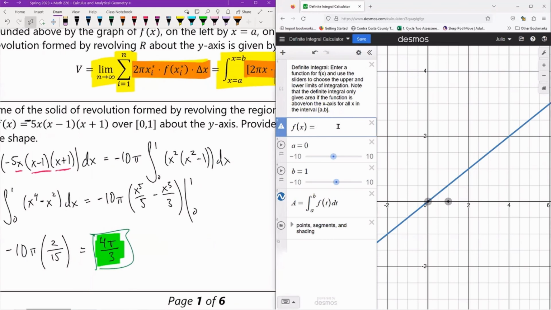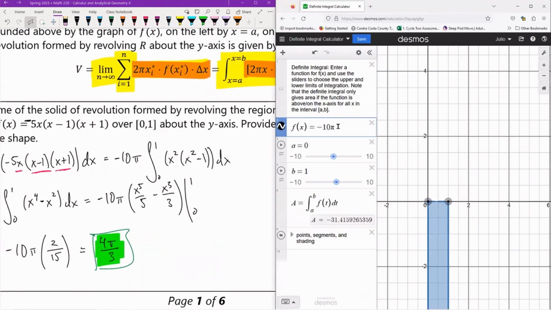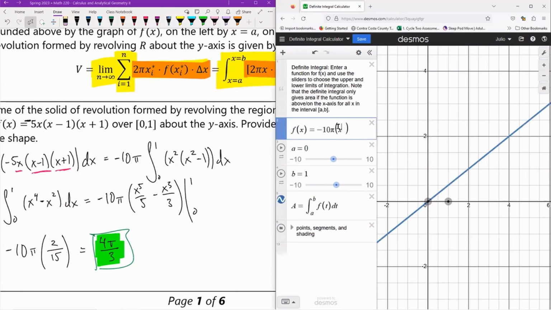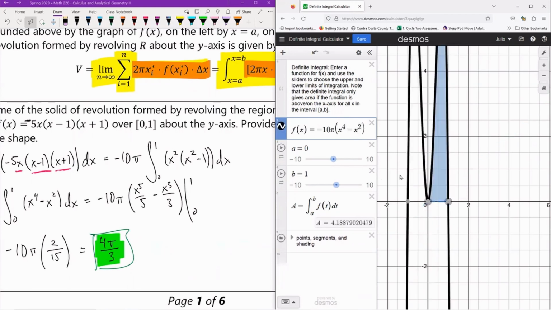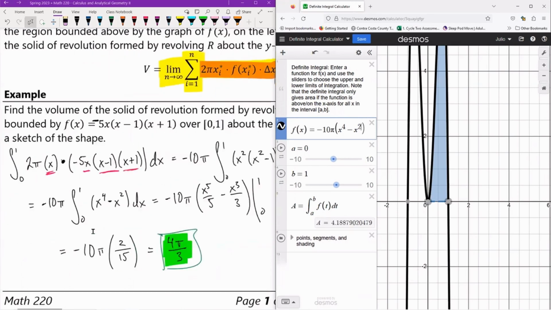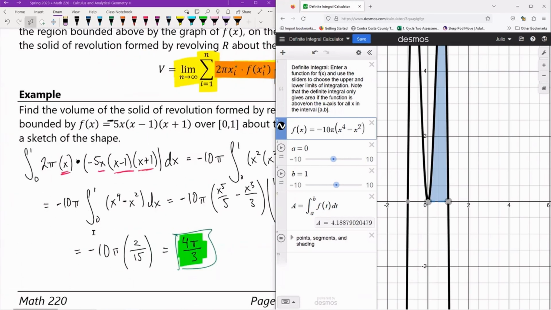So I'm going to go ahead and put in the minus 10 pi times x to the 4th minus x squared. So we're finding that integral. Let me highlight the one that I'm concerning myself with here. This one right here. That's the one that we're taking care of. And we need it from 0 to 1. It gives 4.1887, and if you compute 4 pi divided by 3, this is it.